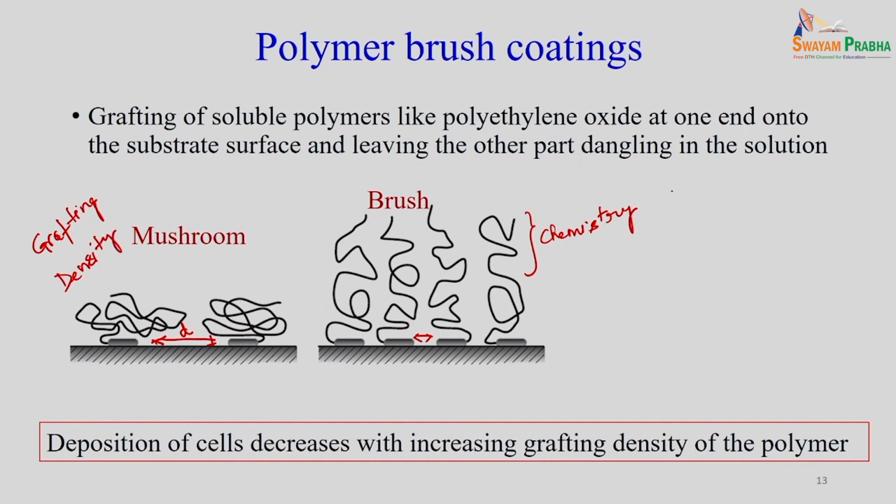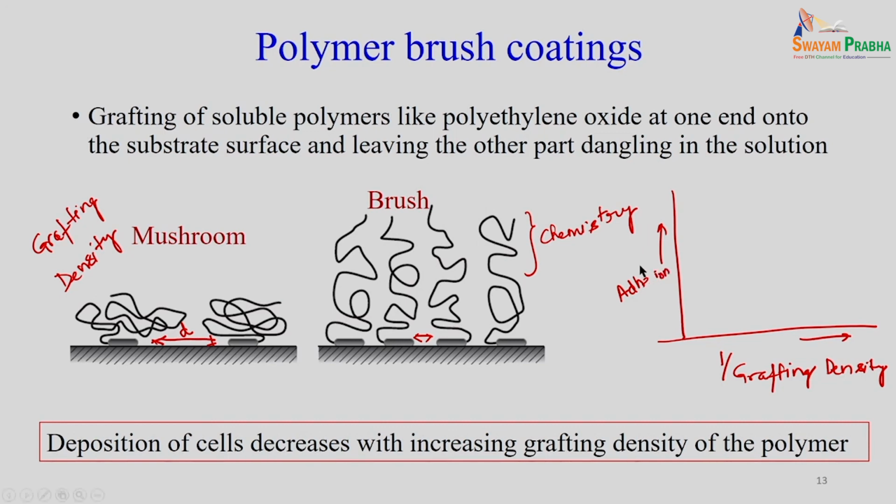And this grafting density is going to affect the adhesion. Let us say I am plotting the inverse of grafting density, 1 upon grafting density, versus adhesion. So, there will be some value here.